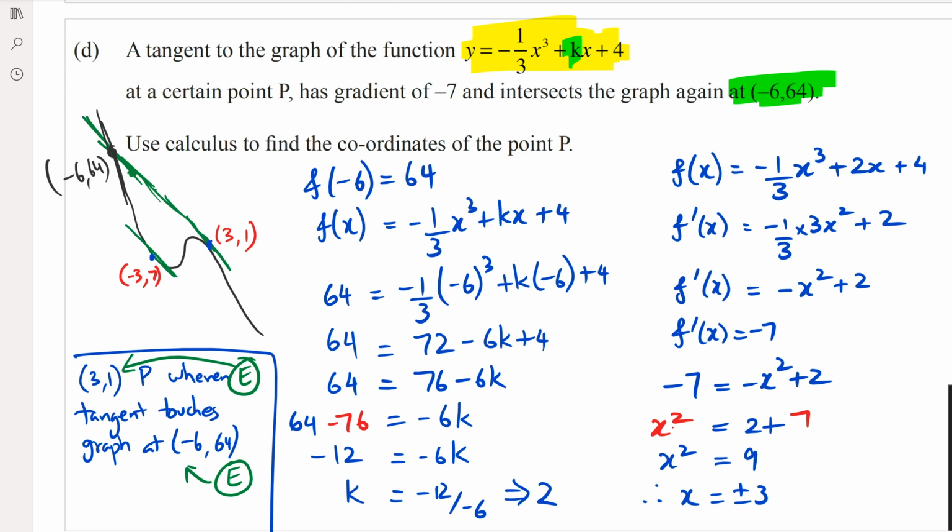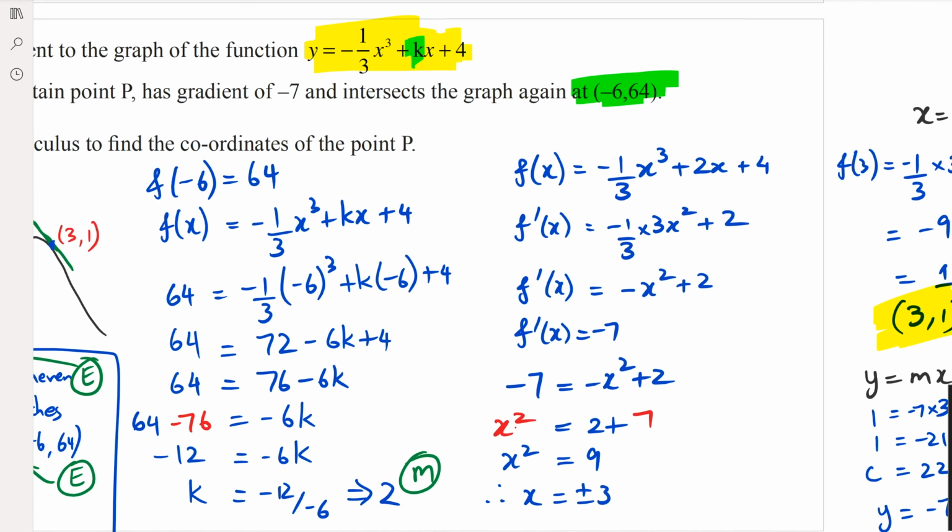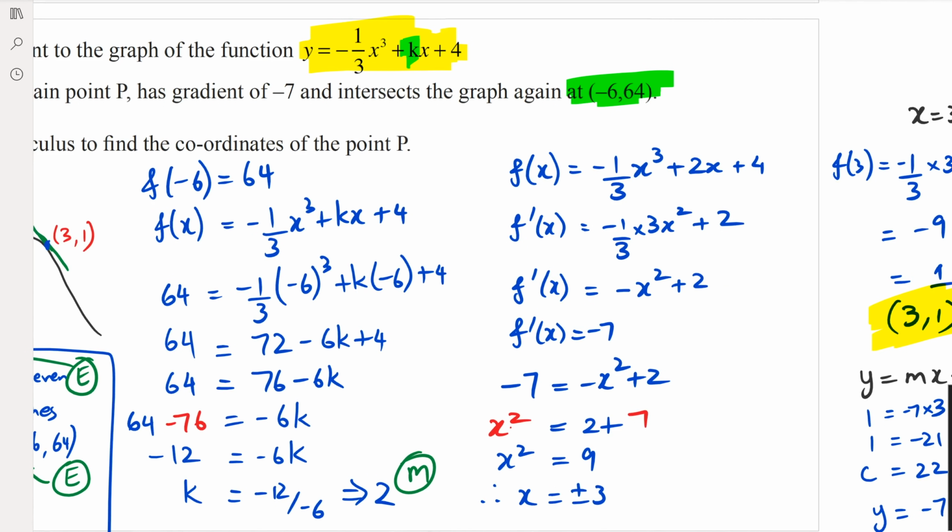For merit, getting a value of k found gets you a merit, and you have to find the derivative. So to get a merit, you've got to find the value of k and the derivative, which is somewhere here, and set it equal to negative 7.